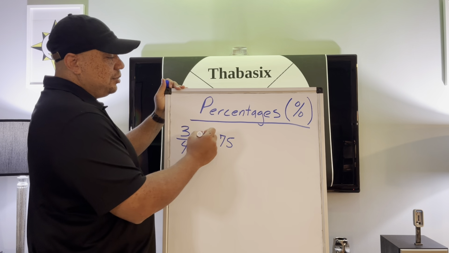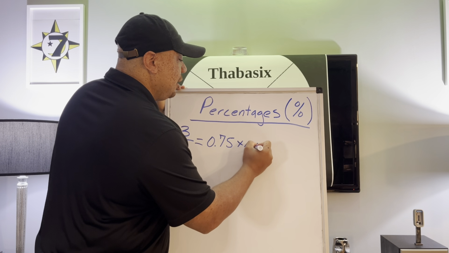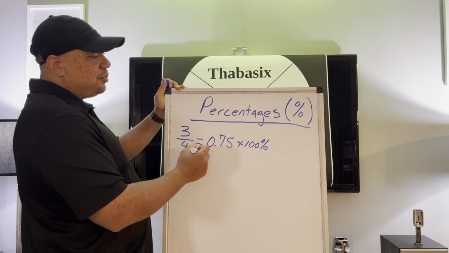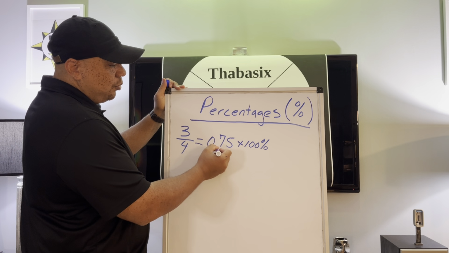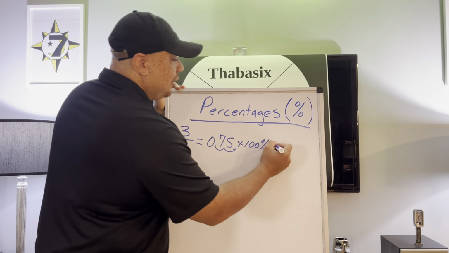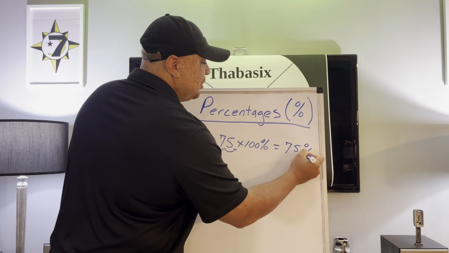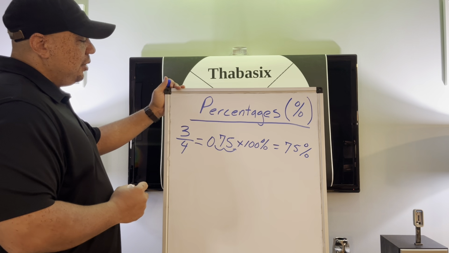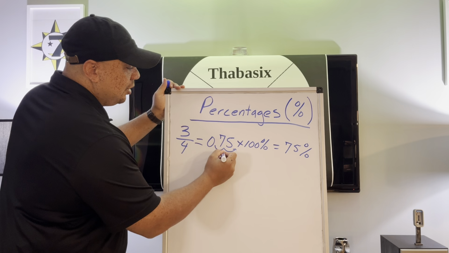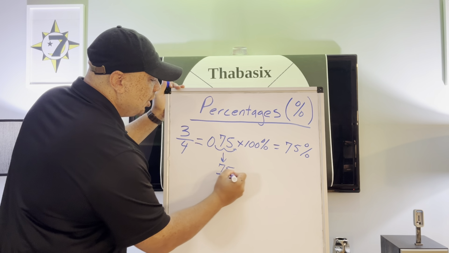And all we have to do is take this decimal form and multiply it by 100%. And when we're multiplying by 100%, we're just moving the decimal point over. So now it equals 75%. We could also say 75% is 75 hundredths.